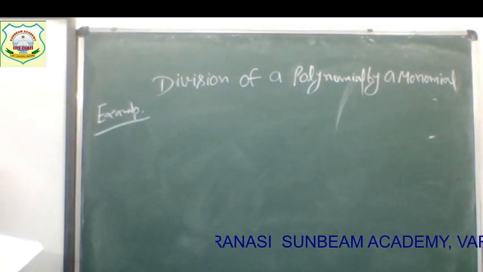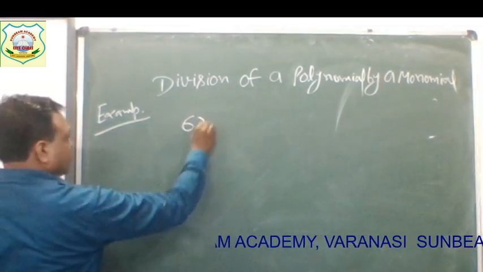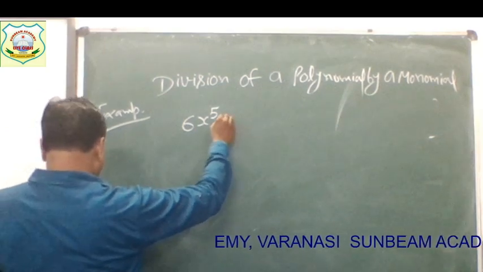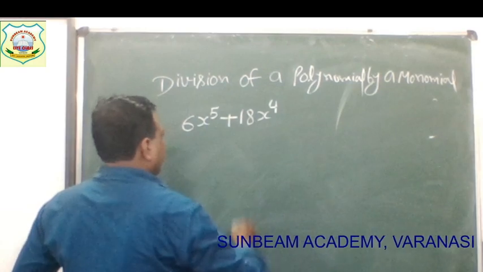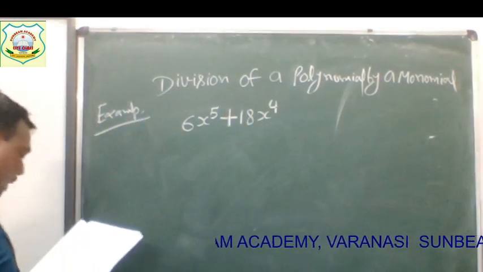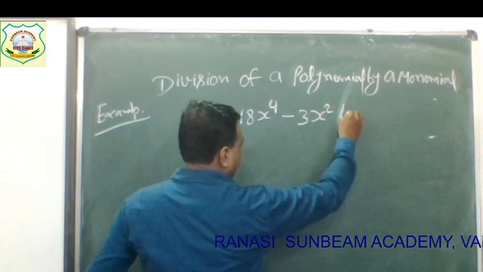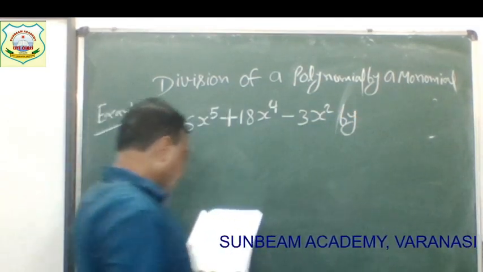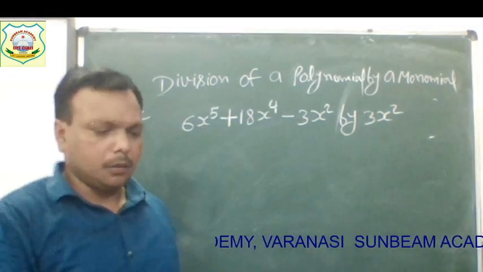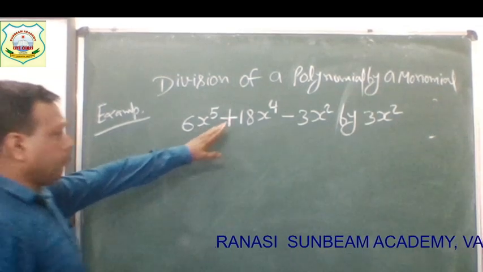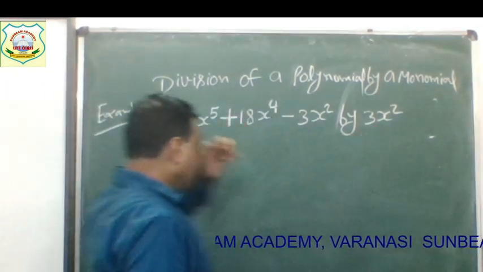See here, example 2 is given: 6x power 5 plus 18x power 4 minus 3x square, divided by 3x square. Okay students, you can see here 6x power 5 plus 18x power 4 minus 3x square by 3x square.